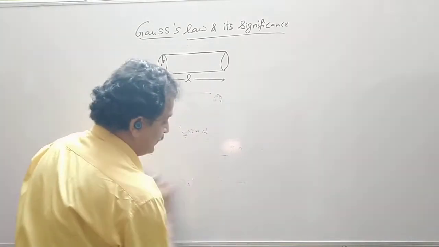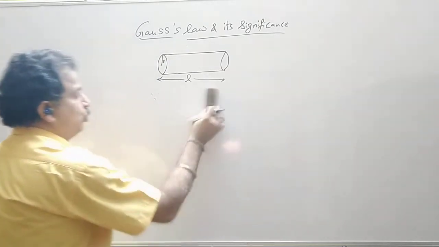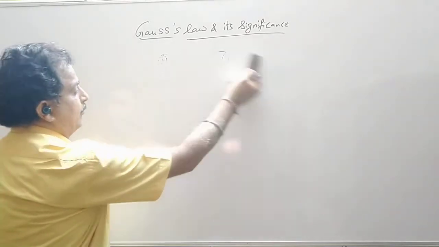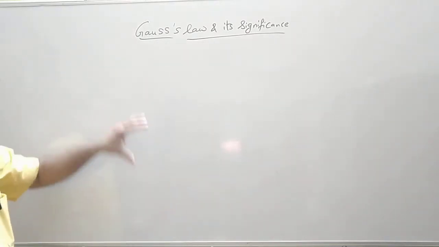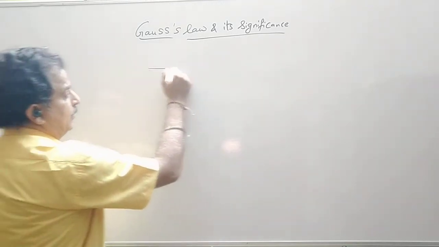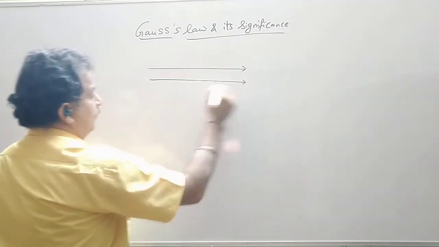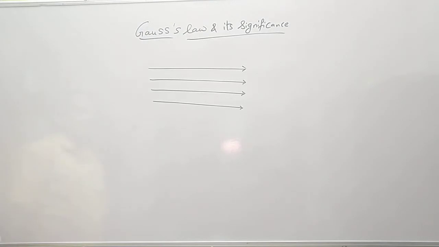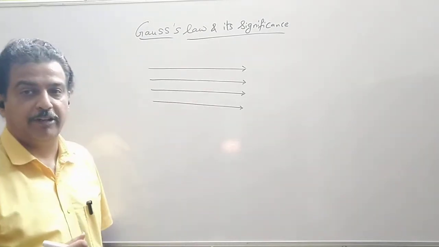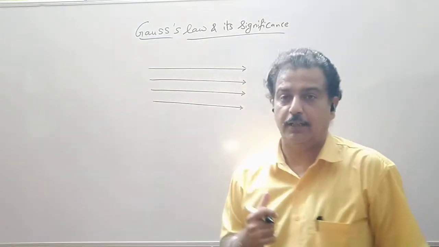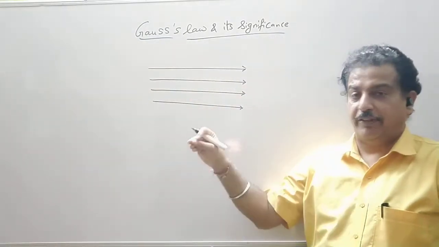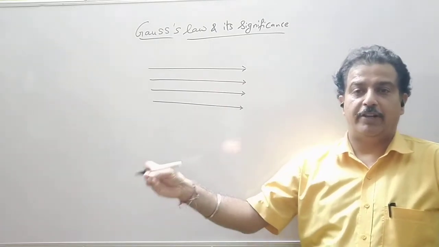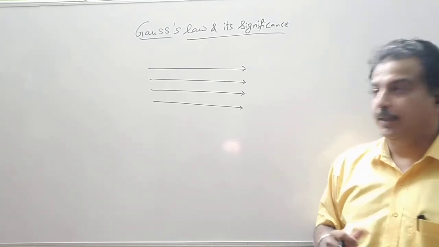Now let us see why we have to take only the charges which are enclosed in the Gaussian surface. Suppose a closed surface is placed in a uniform electric field. First we will prove that when any closed surface is placed in a uniform electric field, here we will take a cylinder, the resultant flux linked with the closed surface comes out to be 0.